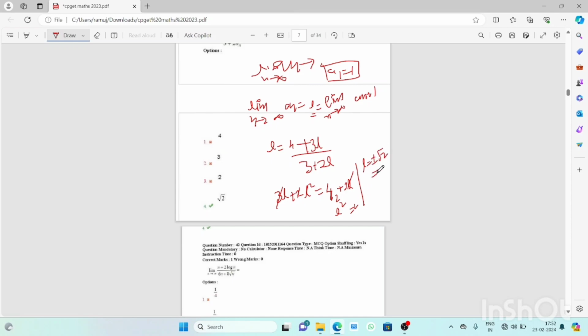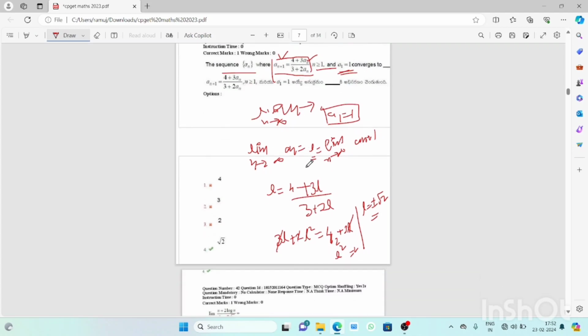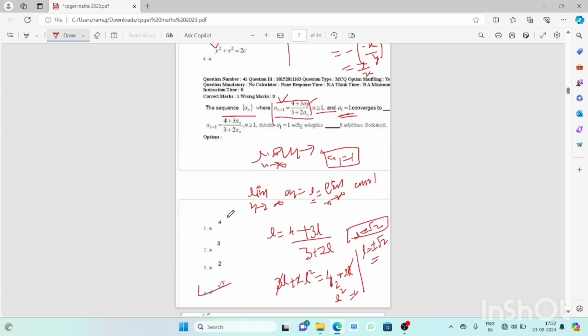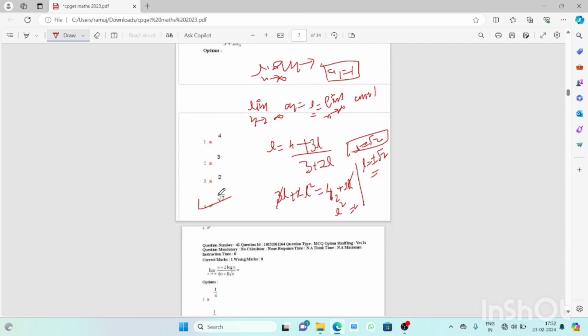He already told that the first term a1 is 1, so the sequence goes to positive terms, so we can consider L as root 2, and the limiting value L is equal to root 2. Fourth option is correct, and he has not provided minus root 2 either, so no need to go further.